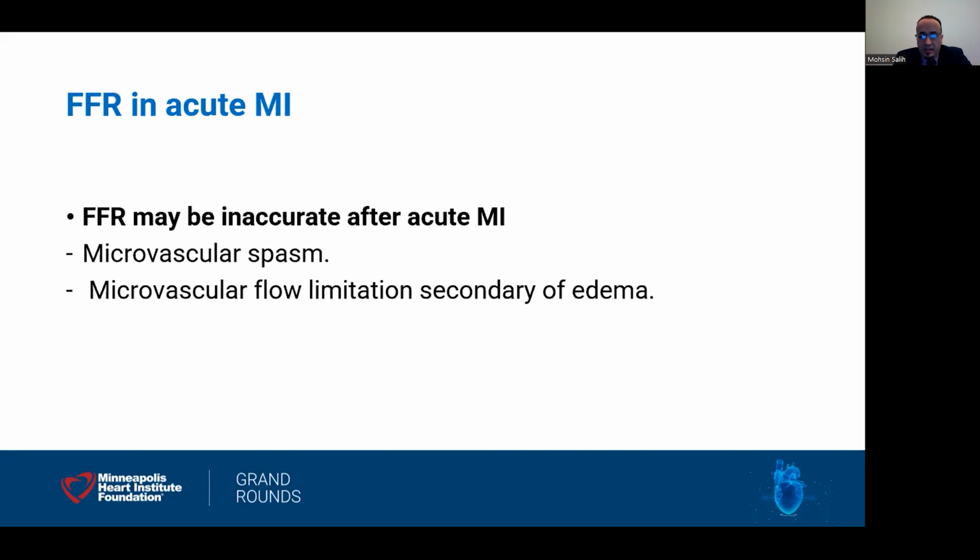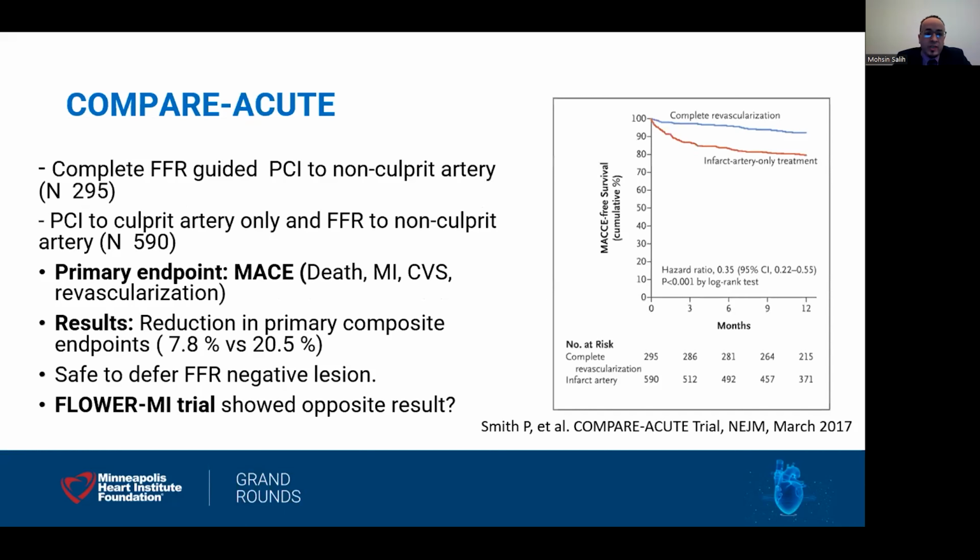That's partially because of the spasm, also because of microthrombi that go through the microvasculature, and also the edema that increases the resistance to flow.